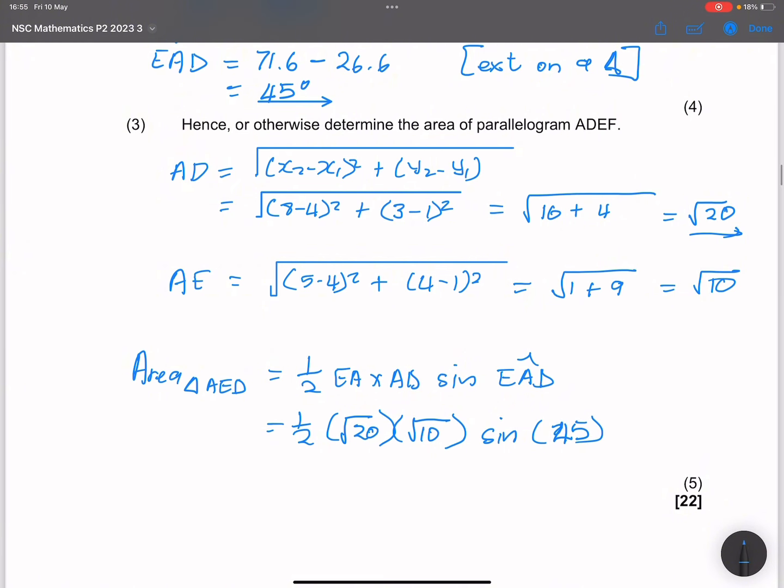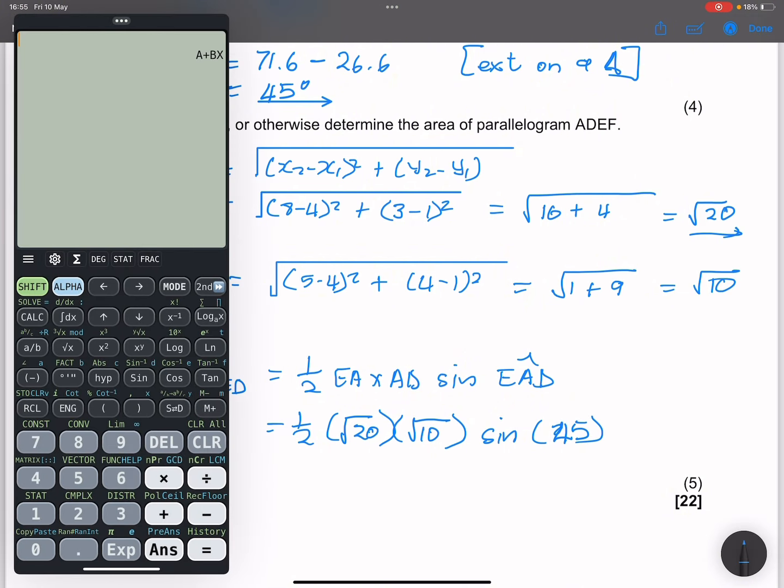Okay, so let's try and get that quickly. So this would be 0.5 times the square root of 20 multiplied by the square root of 10, and this would be the sine of 45. All right, you can please verify if I am correct there. I get that area to be 5 square units, right?